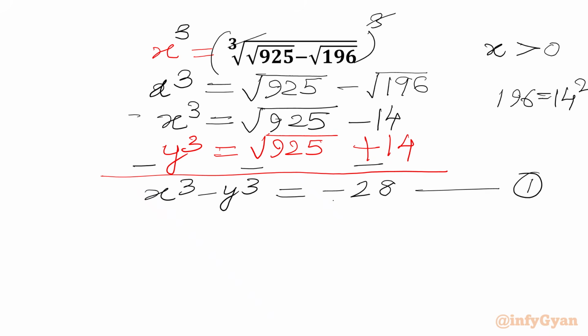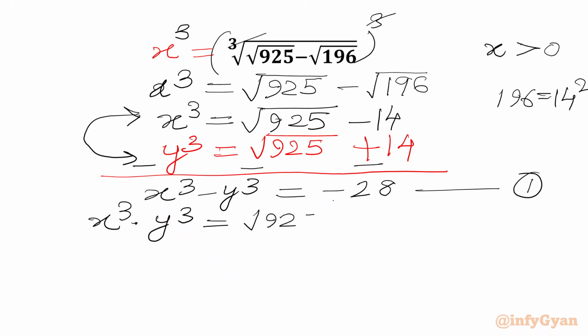Now we are going to multiply these two equations. So we will get x cube times y cube in left hand side. In right hand side, we'll write square root 925 minus 14 times square root 925 plus 14.